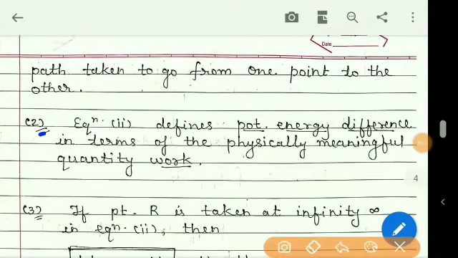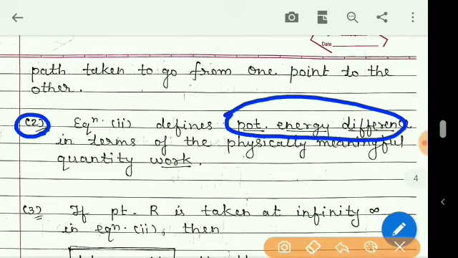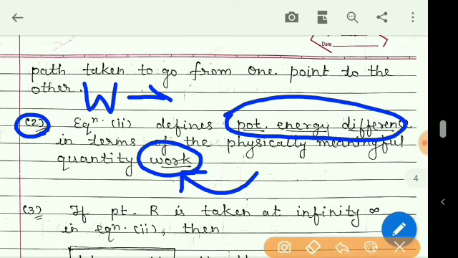Now point 2 says that the definition of electric potential energy difference is obtained from the physically meaningful quantity work, because initially we started from work and then we reached the potential energy difference.